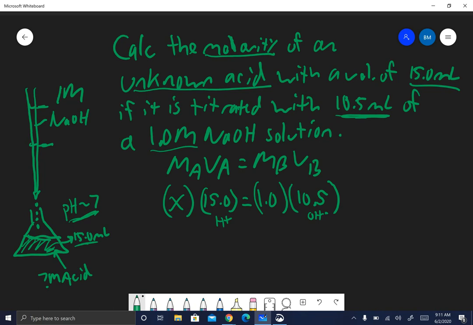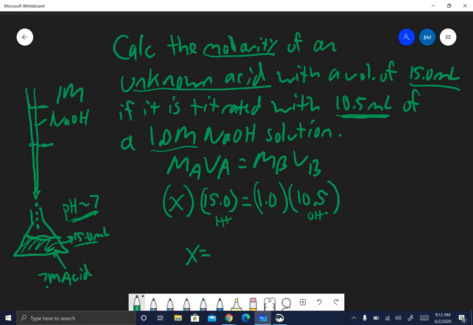I mean, 4.5 milliliters could be significant, but it isn't like X is a concentration of 5 or 0.05. It's going to be in the neighborhood of 1. You could argue with me, I suppose, but I'm trying to get you to understand that 10.5 is needed to neutralize 15. The strength of these isn't very different. So anyways, you would solve for X by doing this.